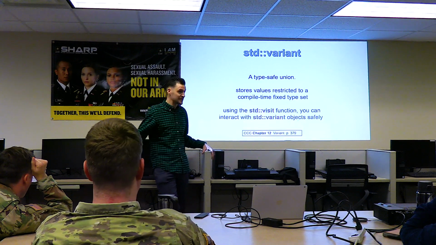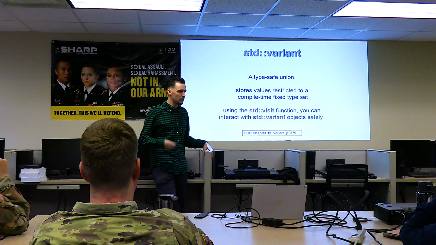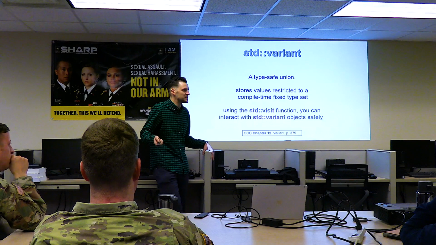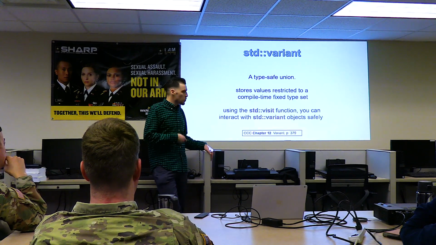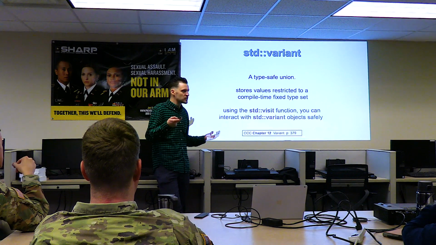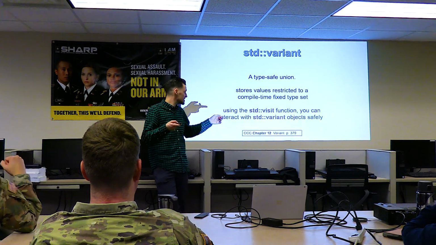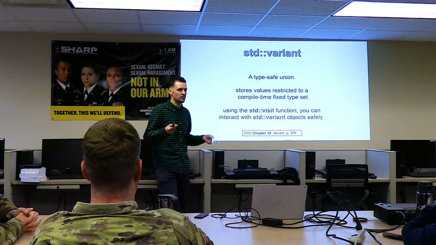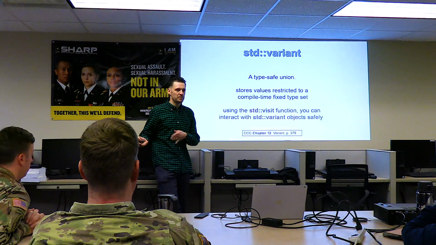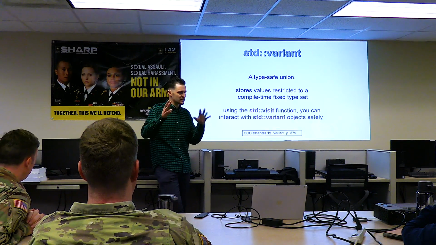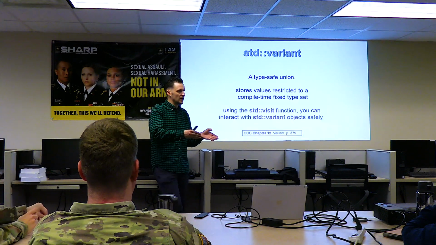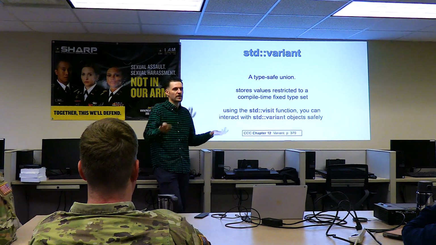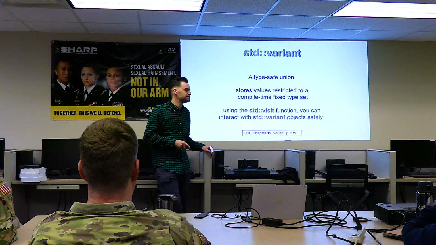So it can do all the type checking in the world because it knows the types that it could possibly be. The way that you generally interact with std::variants is with this std::visit function that I'll show you. Basically, you apply some generic code to the variant, and the compiler will generate the correct code.